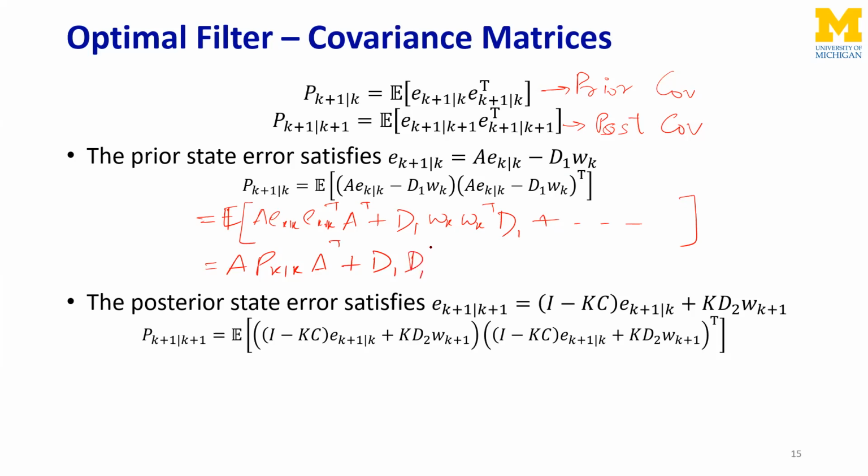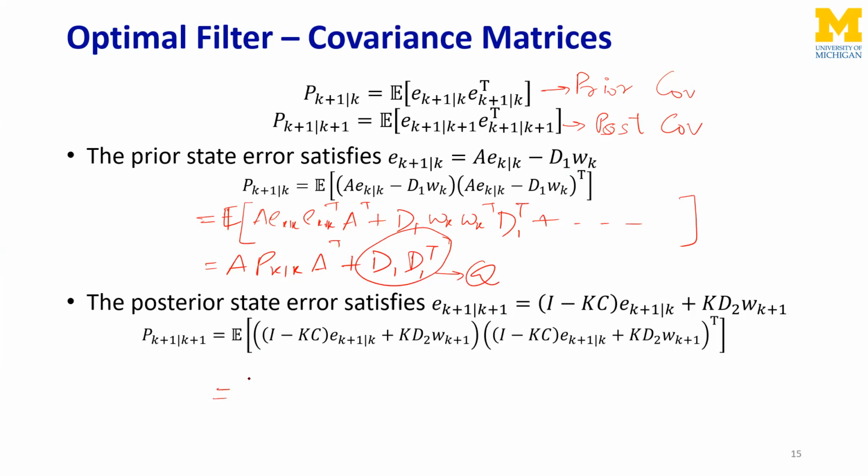So I'm going to end up with this term. And in the last lecture, I showed you that we just call this Q, which is the covariance of the process noise. This is the model of the process noise covariance.